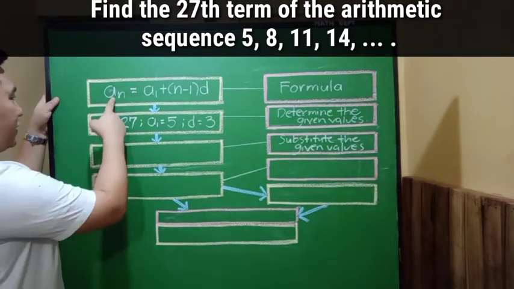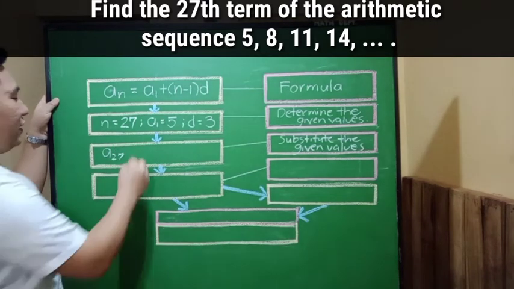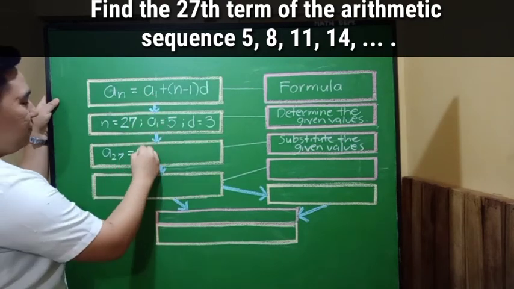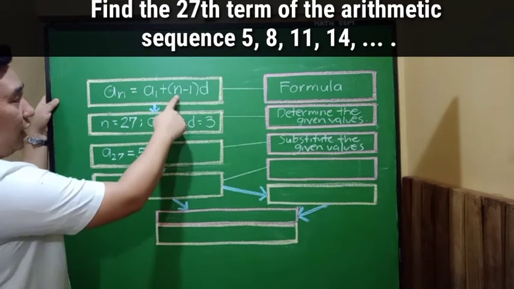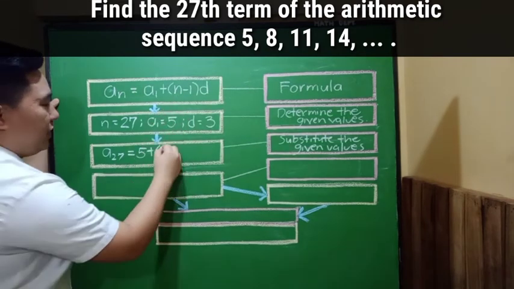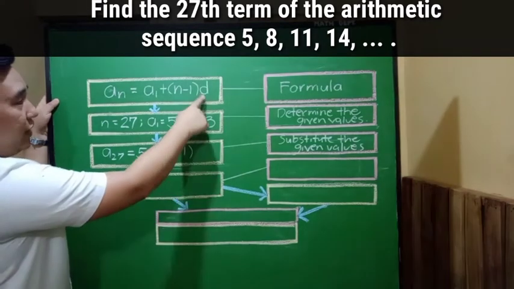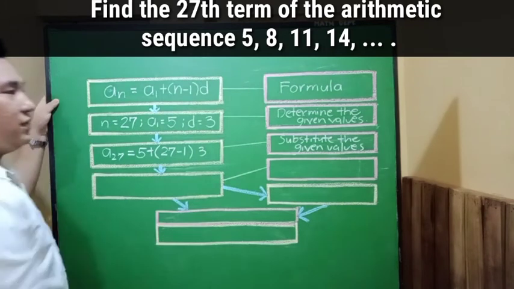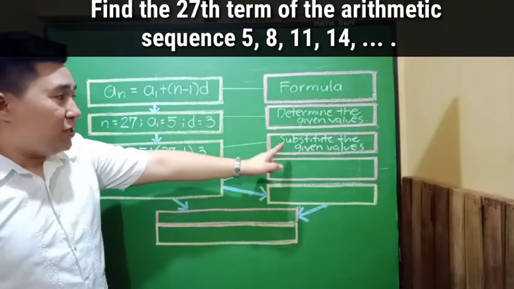So a sub n will be a sub 27 equals, our a sub 1 is 5, plus the quantity of n minus 1, our n again is 27, minus 1, and then the d, the common difference, which is 3. Okay, so: formula, determine the given values, and we substitute the given values.